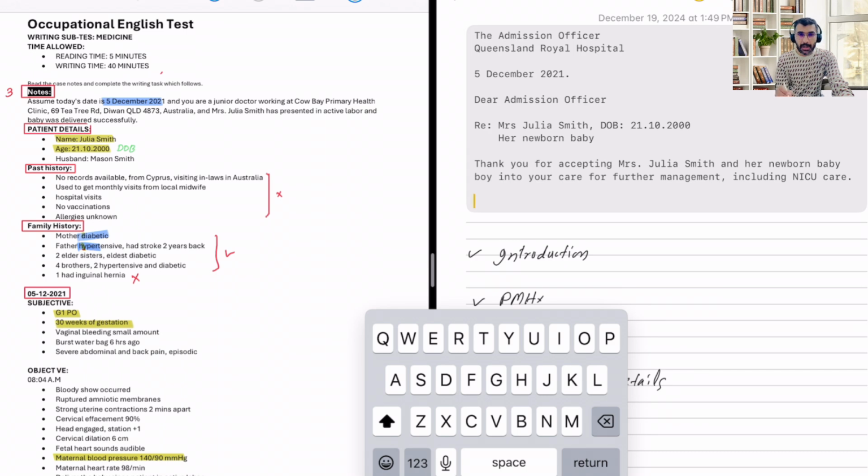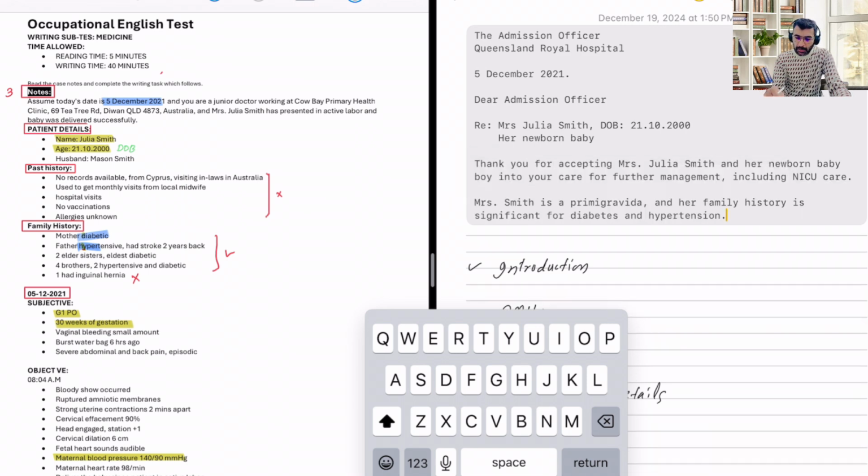Diabetes, hypertension, they are important. We'll write them here. Mrs. Smith is a primigravida, and her family history is significant for diabetes and hypertension.